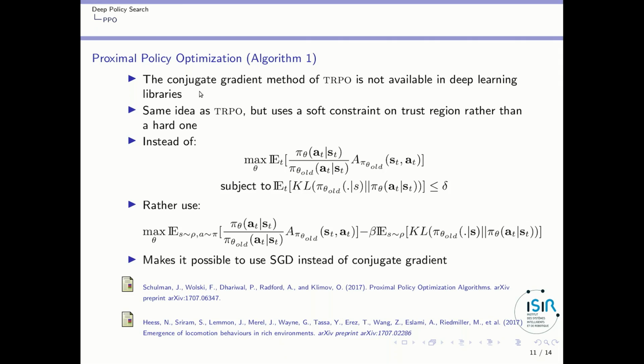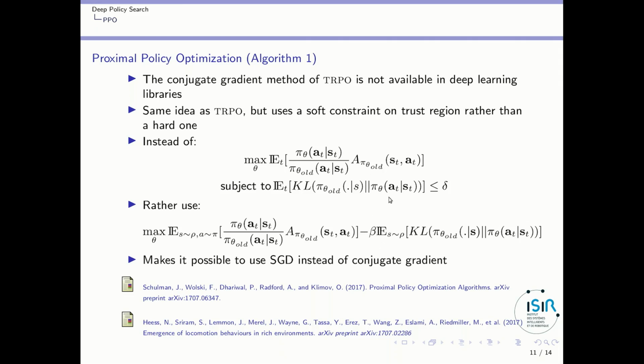So the idea is to do as TRPO: you will also use the surrogate return objective that is used in TRPO, but instead of constraining it with a KL divergence and using a trust region as was done in TRPO, which made it necessary to use this conjugate gradient method, you still want to maximize the same surrogate return objective, but you regularize it with the KL divergence with some coefficient beta that you will have to tune.